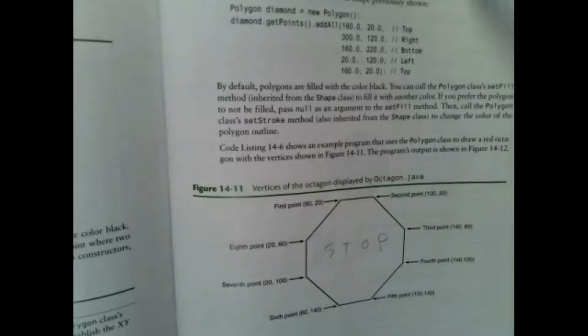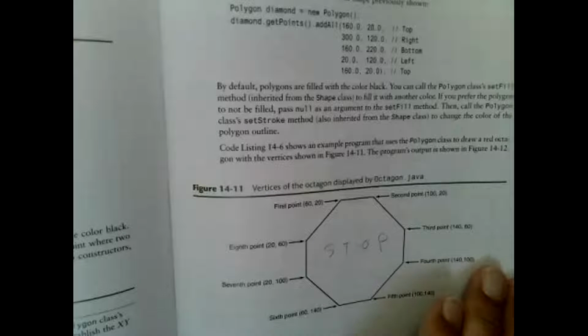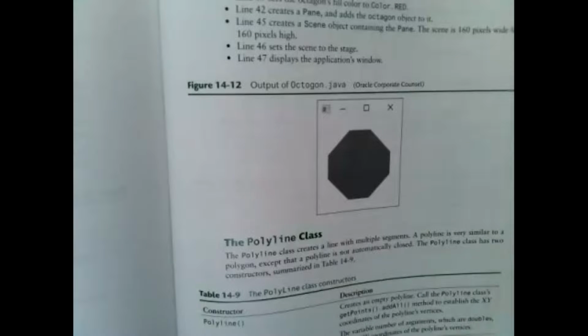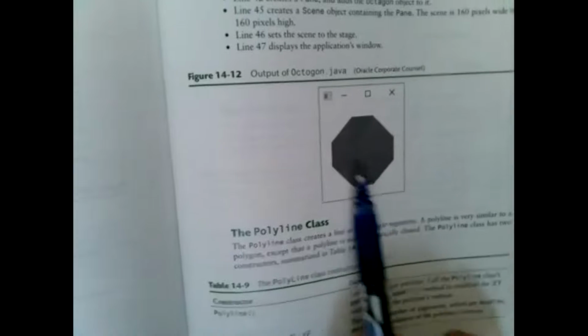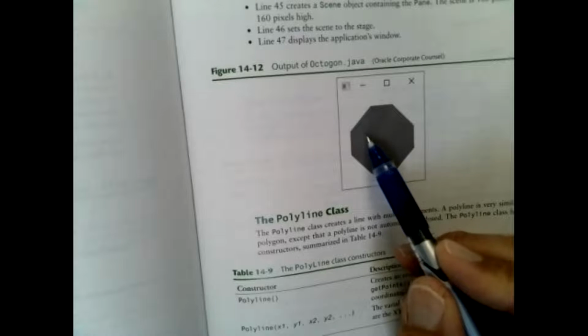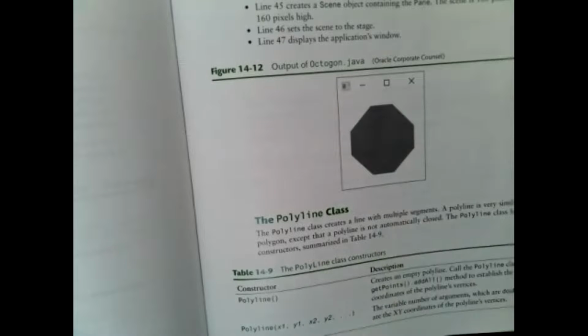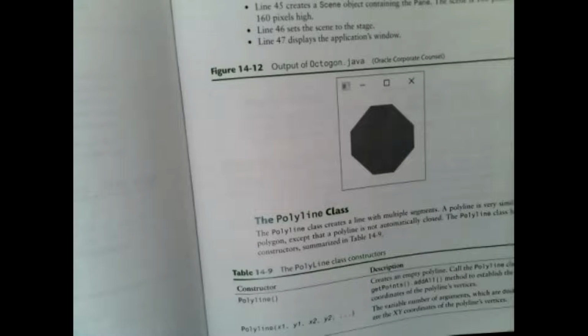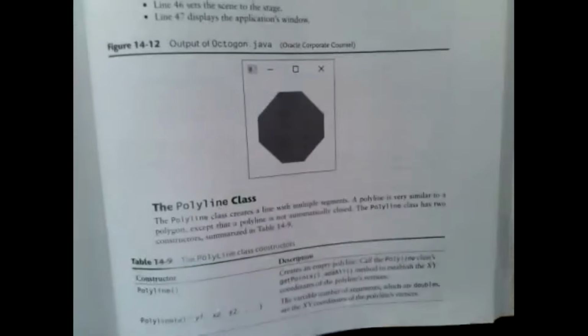I could create a diamond if I wanted to. As I said, you typed it in, you filled in your polygon, you got a nice one, and hopefully you made the color of this red so that it looks like a stop sign. Now, as soon as you learn how to do letters, STOP can be put on there after you do your octagon. And you could create a stop sign.